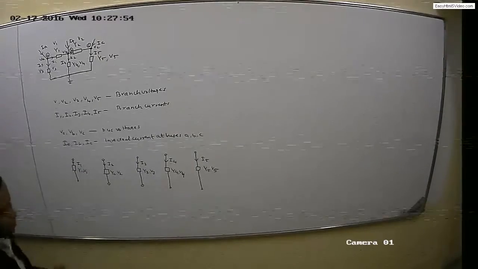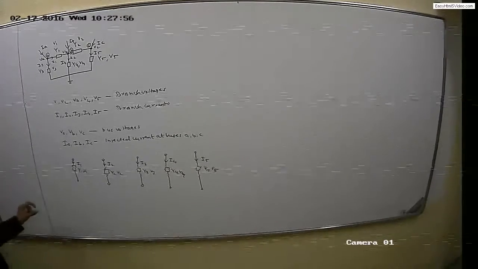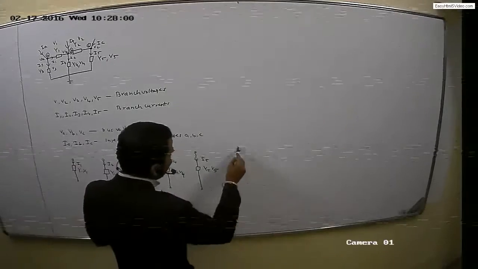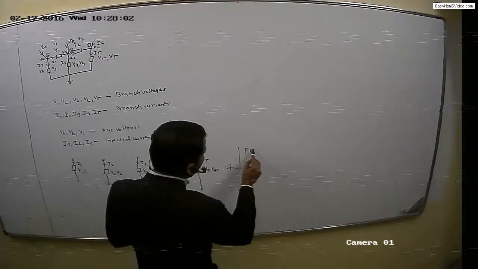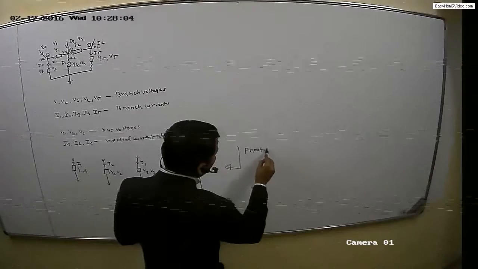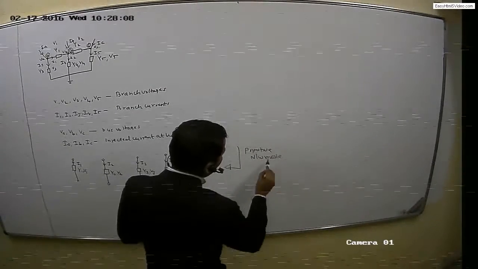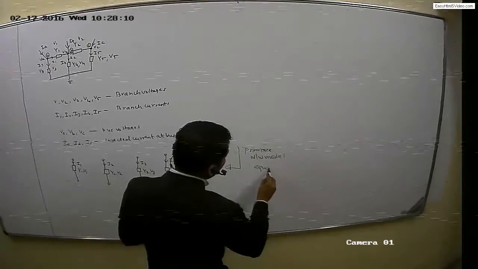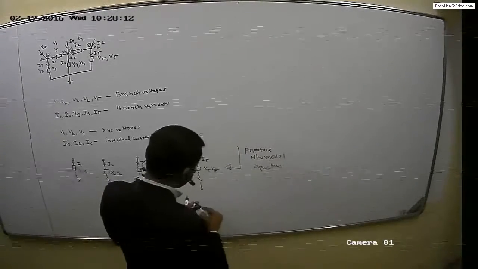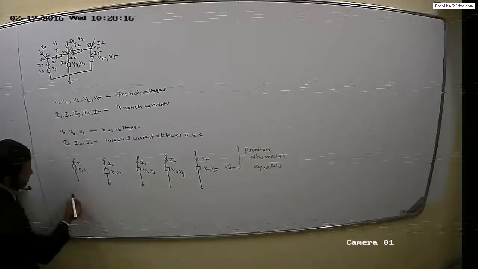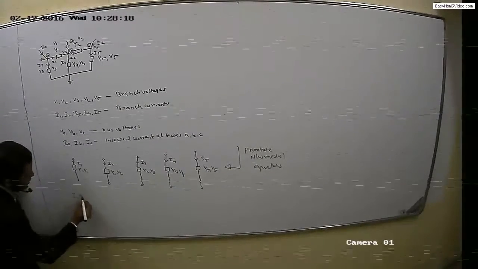Now we have to write down the relationships for these separate branches, known as the primitive network equations. So these are known as the primitive network model equations. So can I write I1 in terms of the voltage V1?